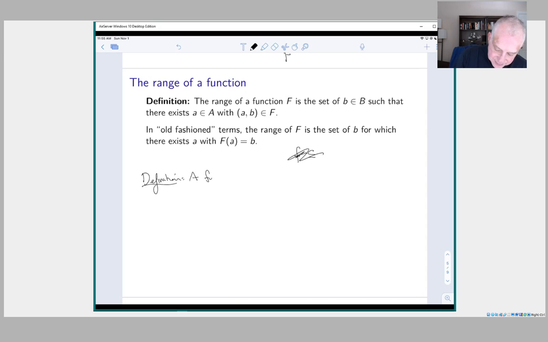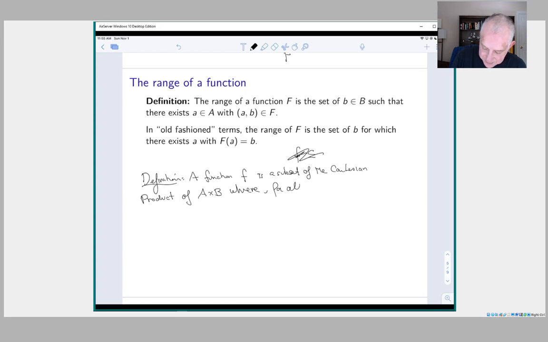A function f is a subset of the Cartesian product A cross B where for all a in A, there is a unique b in B such that (a, b) is in f.